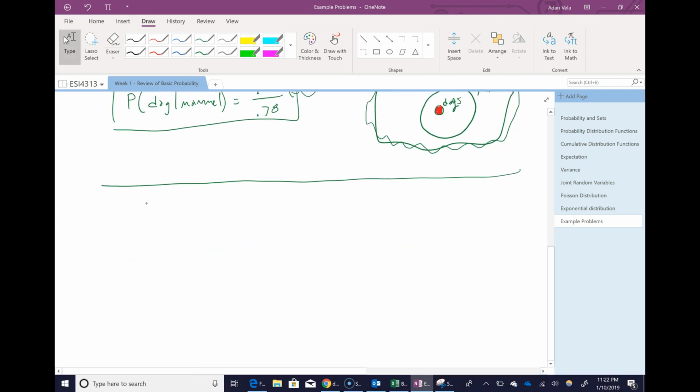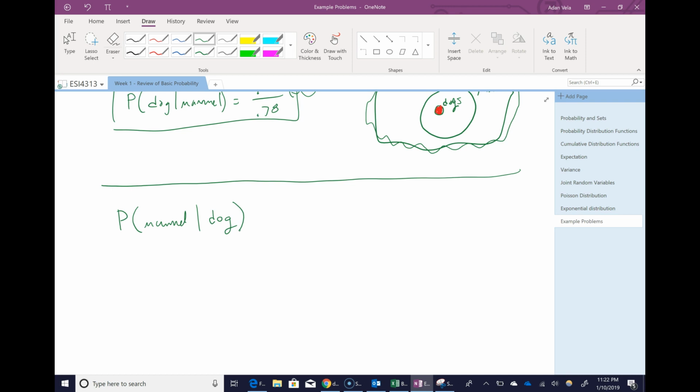So just for fun, we're going to ask, what's the probability that your pet is a mammal given that it's a dog? Logically, if you own a dog, then your pet is definitely a mammal.